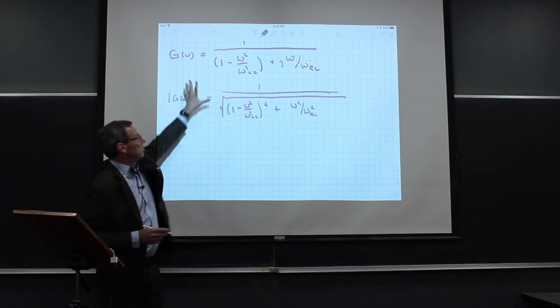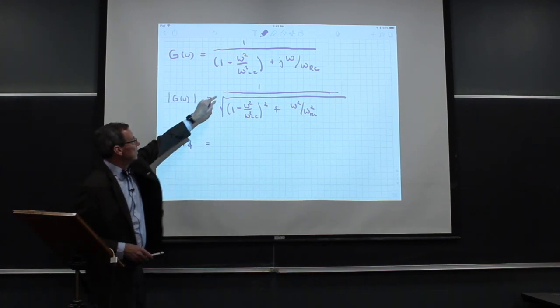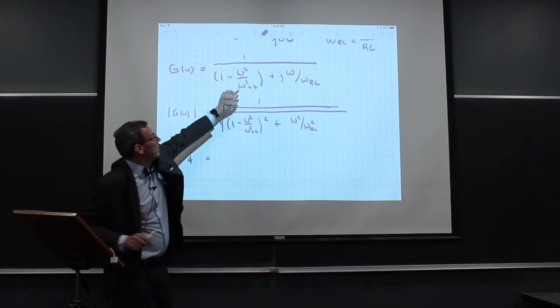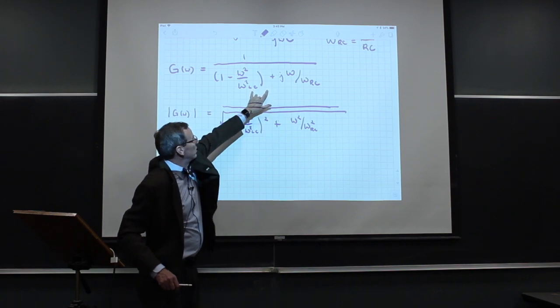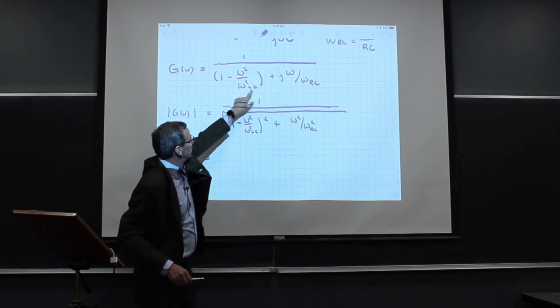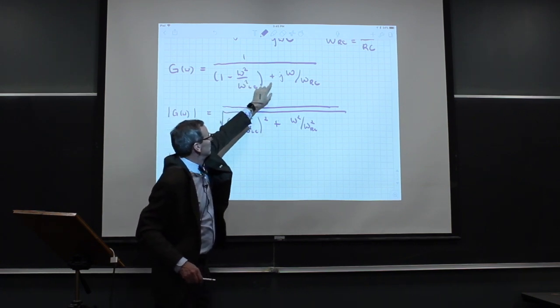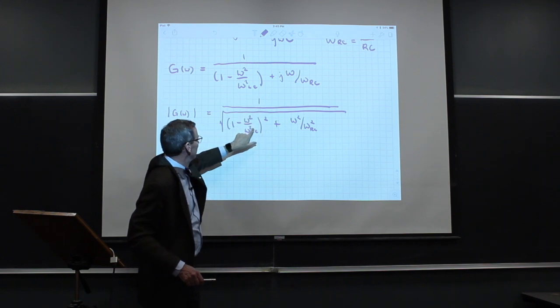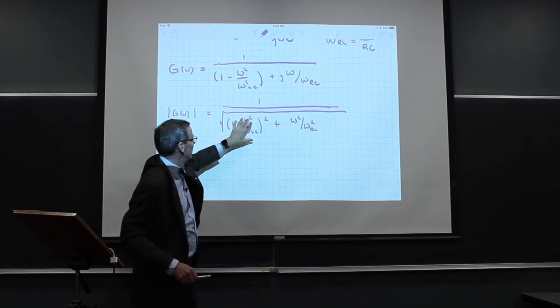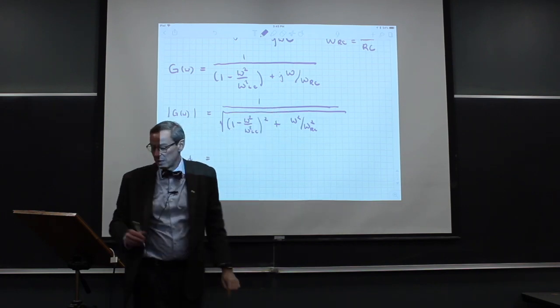Now we are also interested in the phase, so the tangent of the phase. The trick here is we look at this number. We want to put the j in the top, so we multiply by the complex conjugate in the bottom and in the top. That gives us this thing with a minus sign, and the denominator is just this squared, so the whole thing is this minus that in the numerator.